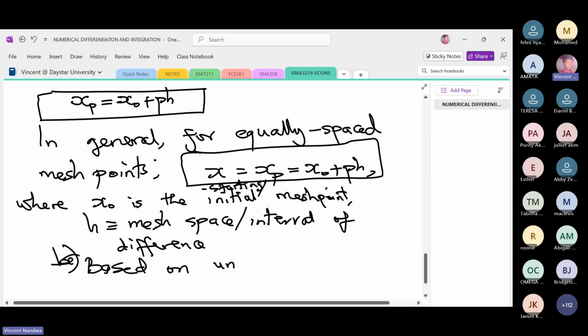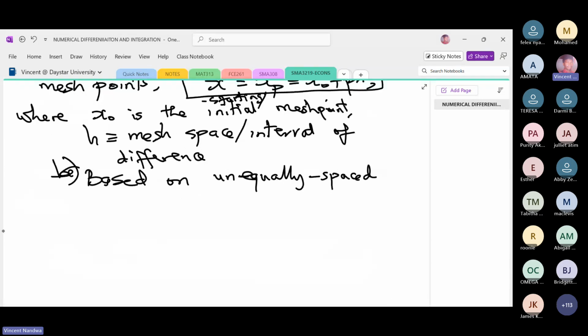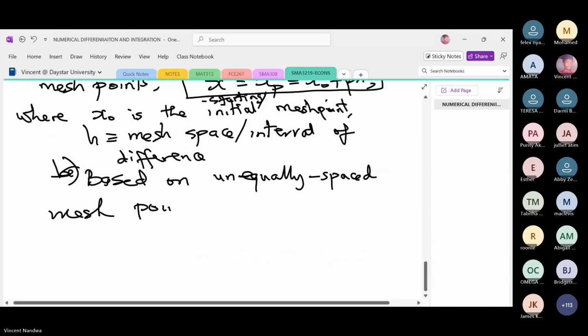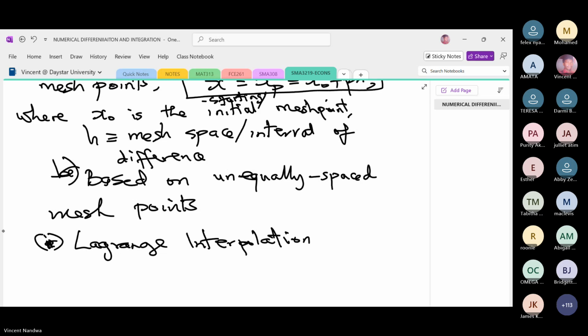on unequally spaced mesh points. So here we use Lagrange interpolation and Newton's divided difference formula.